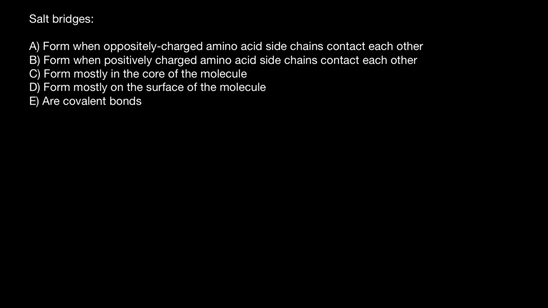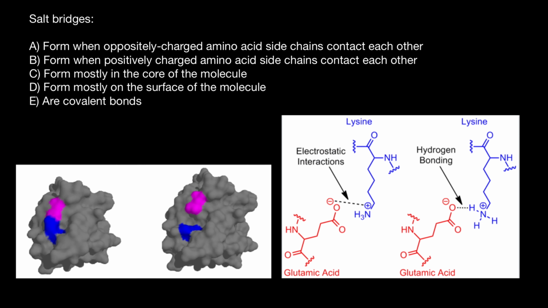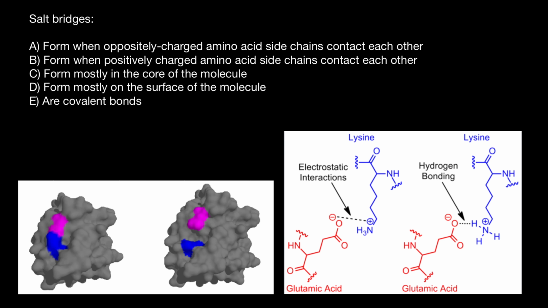So what are the salt bridges? Take a look at this picture and you see here are groups of amino acid lysine, which is positively charged, and a group of the glutamic acid, which is negatively charged, and we see here interaction which is electrostatic interactions between two R groups with different charge.